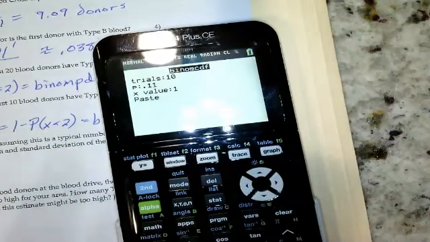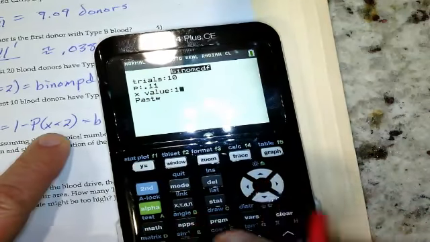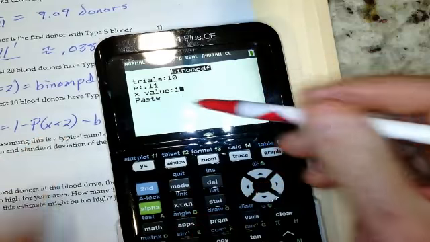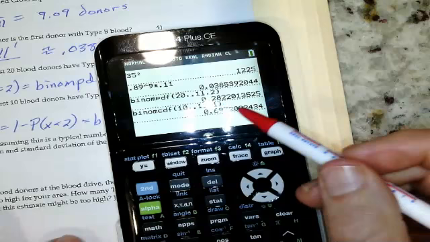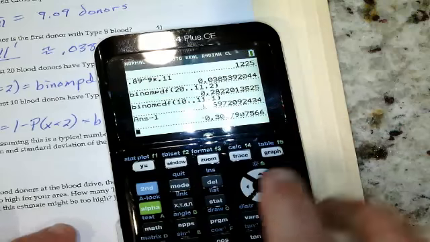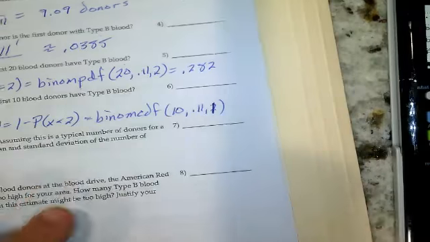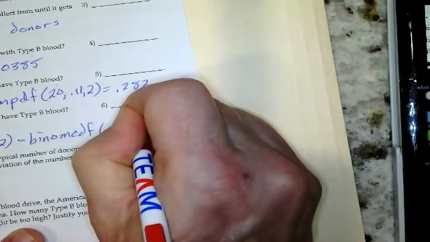Now we want 1 because we want the first number less than 2, which is 1, which means we're finding the area of our curve between 0 and 1. It goes all the way up to 2, but it doesn't include 2. So I'm going to subtract 1 from that, and I get 0.303, sorry. So this answer is 0.303.